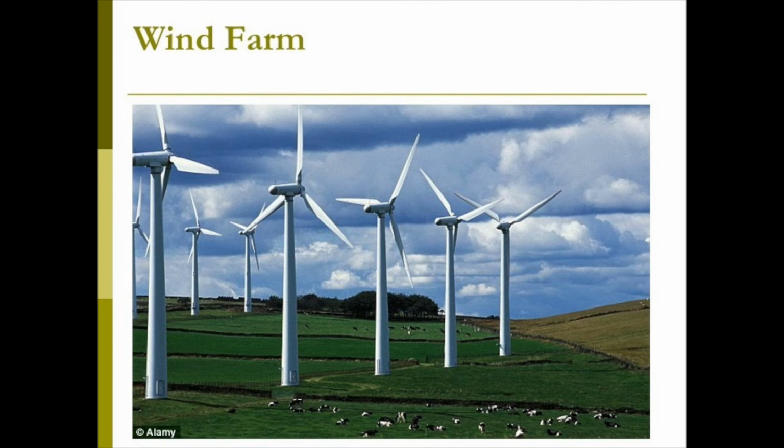However, unlike a coal-burning power plant, the impact of the wind farm on the environment is quite minor. Here we're looking at a wind farm, and you can see that underneath the wind turbines, there's room for cattle to graze, for example, or crops to be grown.